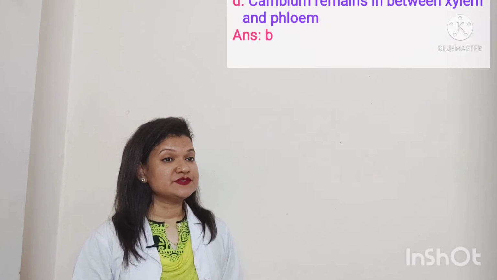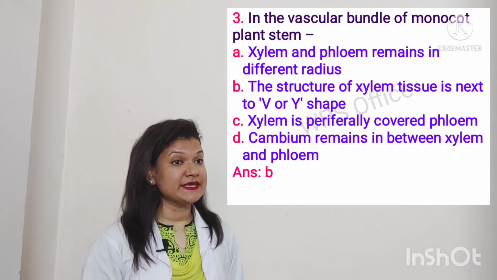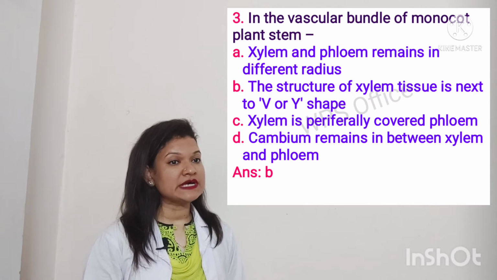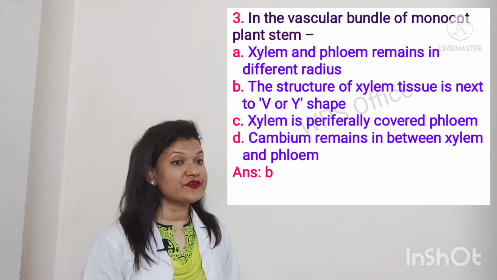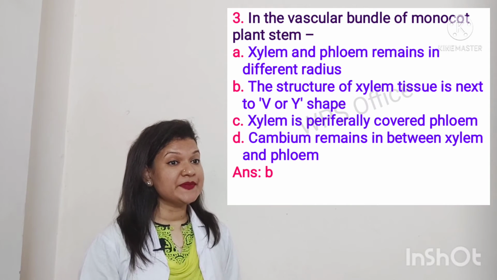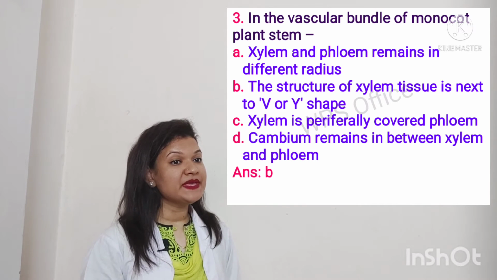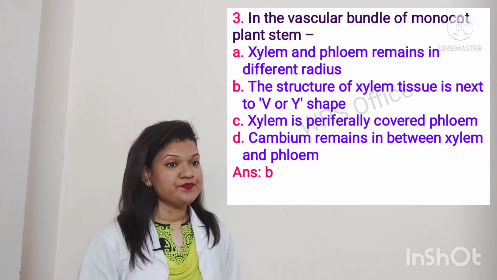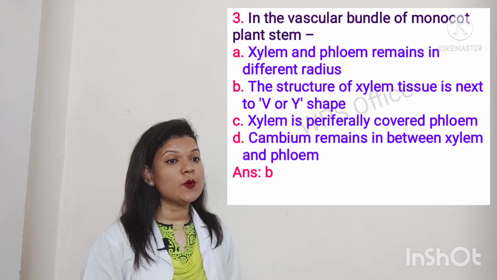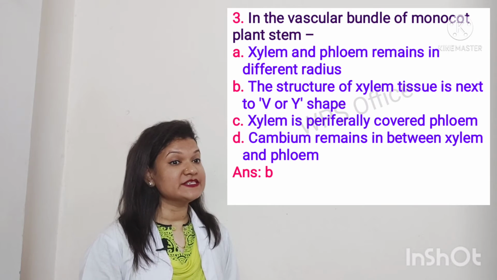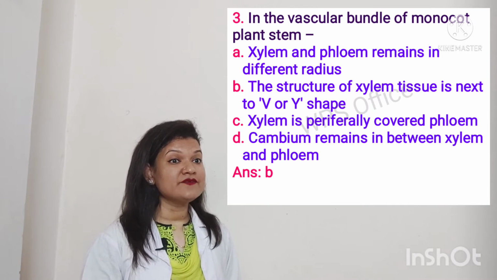Our number 3 question is about the vascular bundle of monocot plant stem. The options are: A, xylem and phloem remain on different radii; B, the structure of xylem tissue is V or Y shape; C, xylem is peripherally covered by phloem; and D, cambium remains between xylem and phloem.